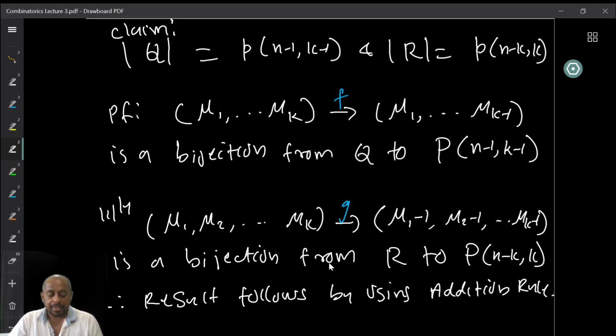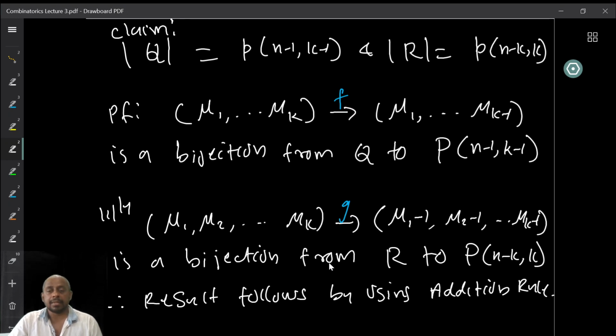I can remove 1 at the end to get an element of p of n minus 1 comma k minus 1. Similarly, the function G maps mu 1 to mu k to mu 1 minus 1, mu 2 minus 1, etc., mu k minus 1. The total sum is going to be n minus k, and therefore it's a partition of n minus k into k parts, right? P of n minus k comma k.